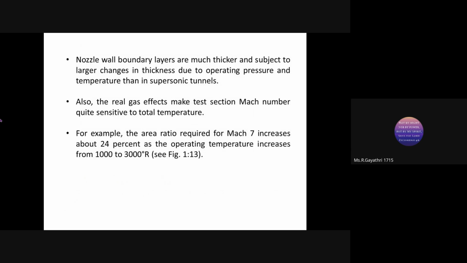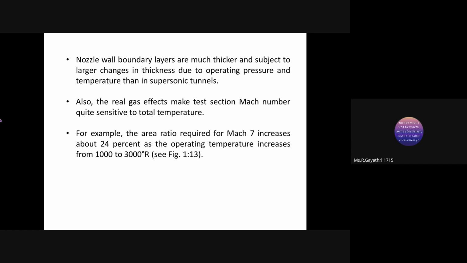So we can note the area ratio and operating temperature. Okay, we can know the relation. If you want to keep Mach 7, you can see the temperature rises from 1000 to 3000 degrees Rankine.